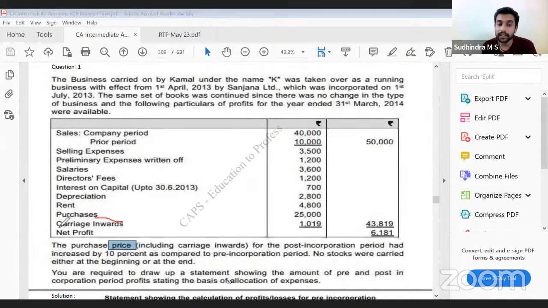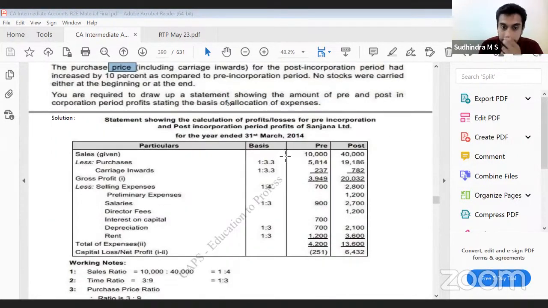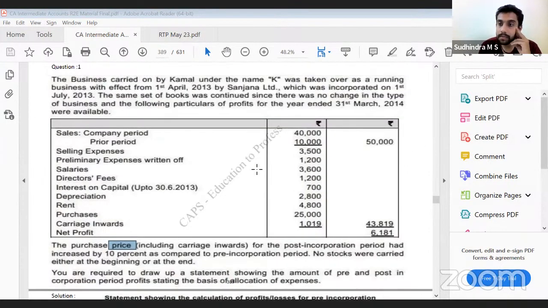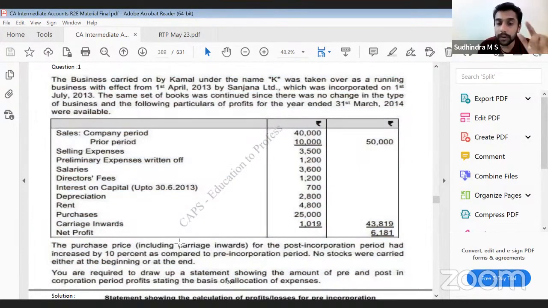Can I apply the same ratio for carriage inward? Yes, because they have said including carriage inwards. But I have one query, sir. While finding the purchase, they said in the bracket it was including carriage inwards. So x plus 1.1x is equal to, should we take 25,000 or 25,000 plus 1,019? See, what are we interpreting here? By the insertion of the words including carriage inward, what they are telling is that not only did the purchase price increase, that increase also impacted carriage inwards.